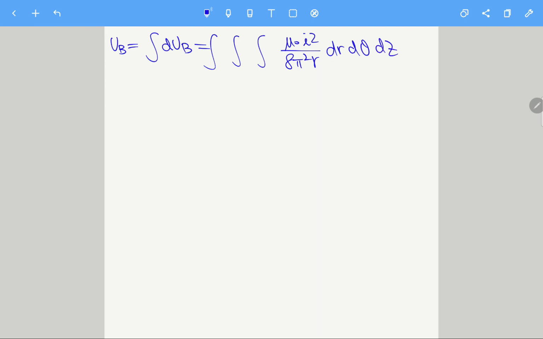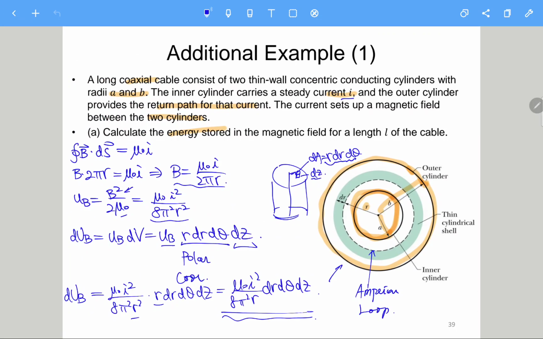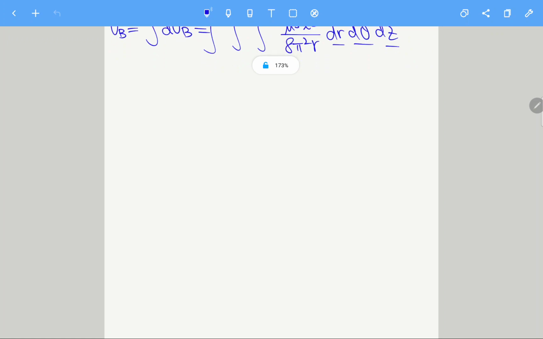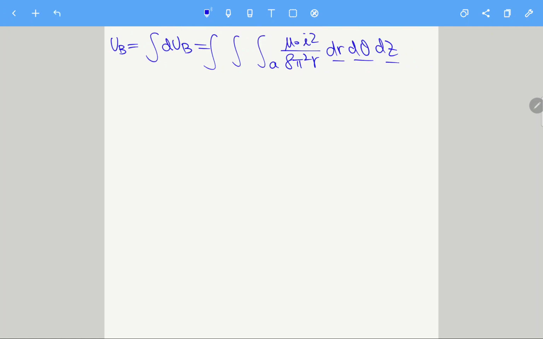And actually we need to determine the lower and upper limit for each of the variables. So for the r, we integrate from small a to b. And for theta, it is a whole 2 pi radians, so from 0 to 2 pi.